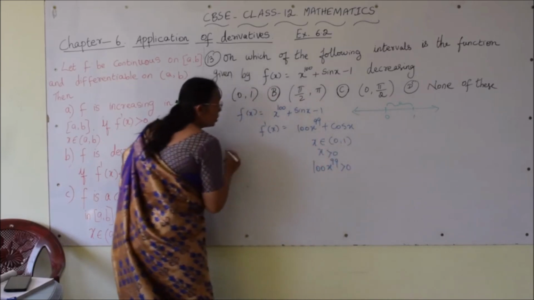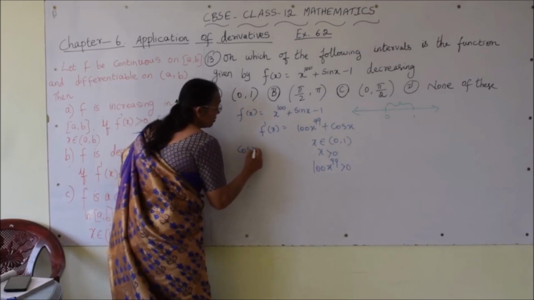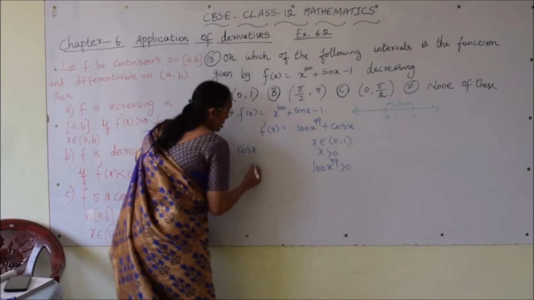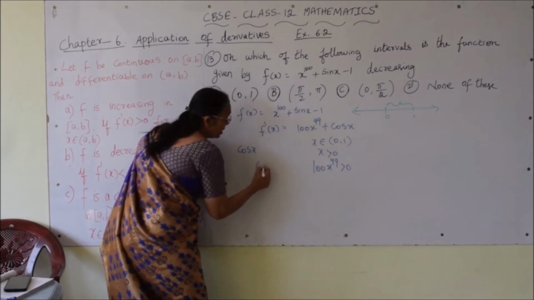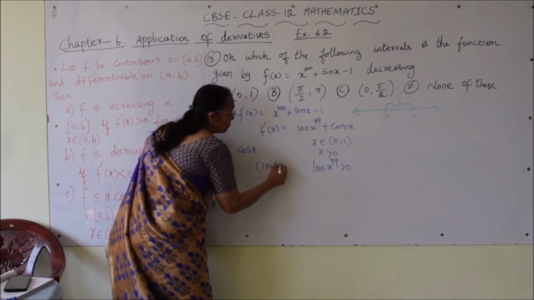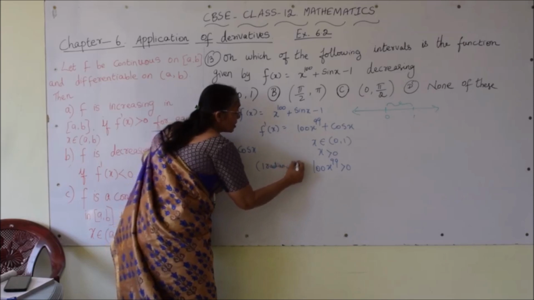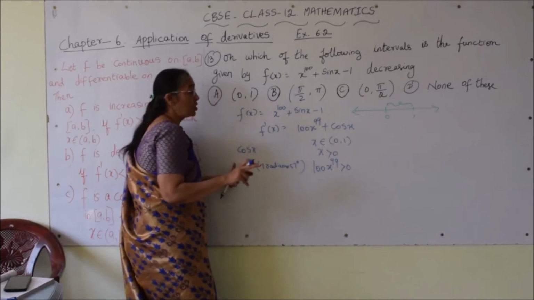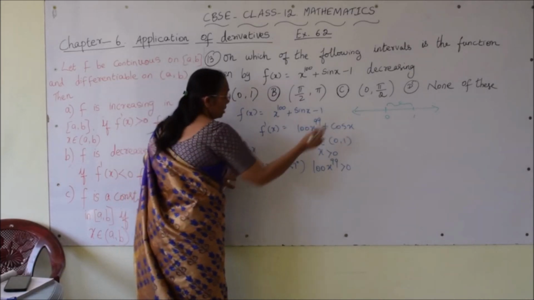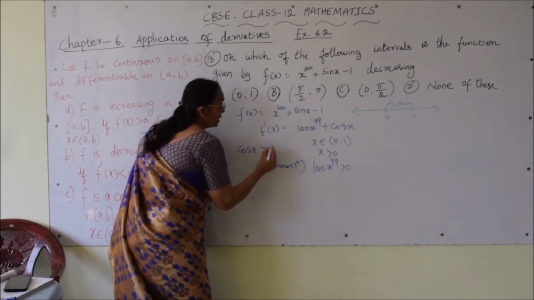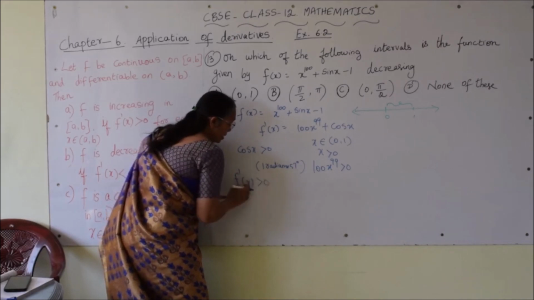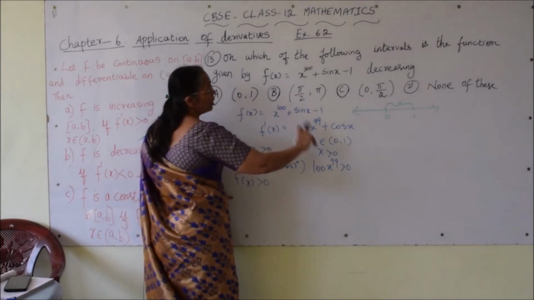And now coming to the cos x value, x belongs to 0 comma 1. See, 1 radian is nearly 57 degrees approximately. So, cos 57 is also positive, it is the first quadrant. So, our cos x is also greater than 0. So, overall f dash of x is greater than 0 in the interval 0 comma 1.